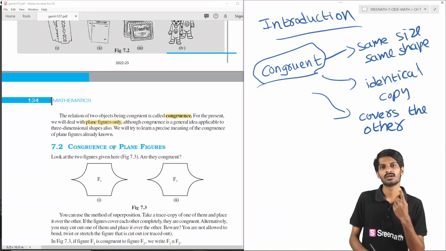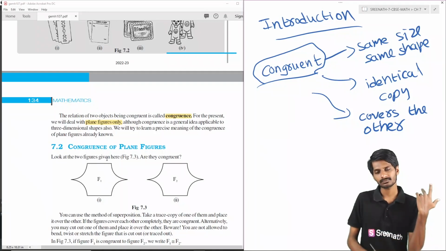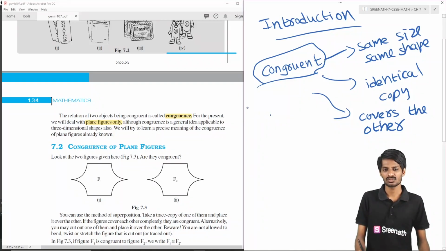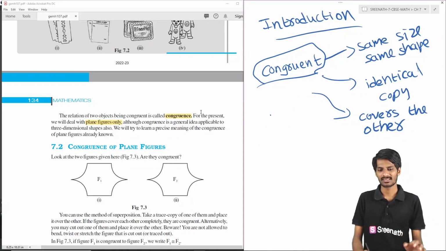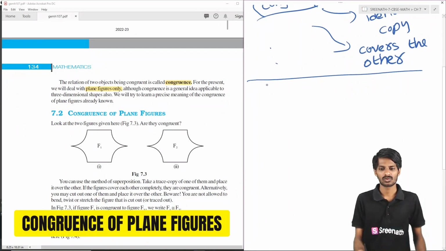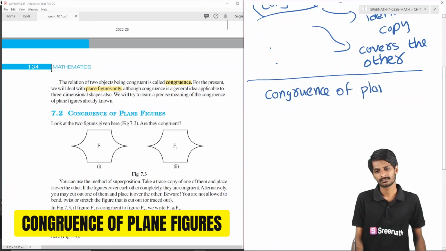Next, plane figures are two dimensional. Later in the higher classes, three dimensional, students. Okay, students, that is the case. So this is all about congruency. So congruence of plane figures.